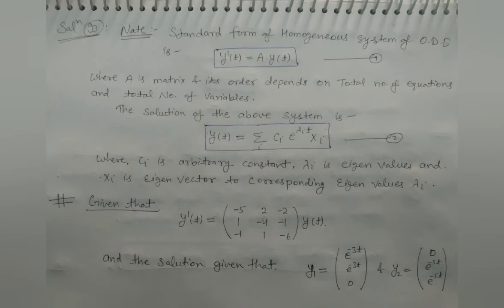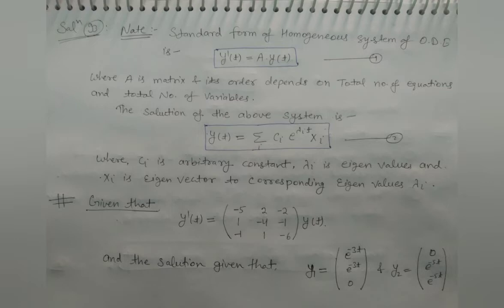The solution of the above system is y(t) equal to the summation over i of ci e to the power lambda_i t times xi, where ci is an arbitrary constant, lambda_i is an eigenvalue, and xi is the eigenvector corresponding to eigenvalue lambda_i. Given that y'(t) equal to [-5, 2, -2; 1, -4, -1; -1, 1, -6] times y(t), and the solutions given are y1 and y2.